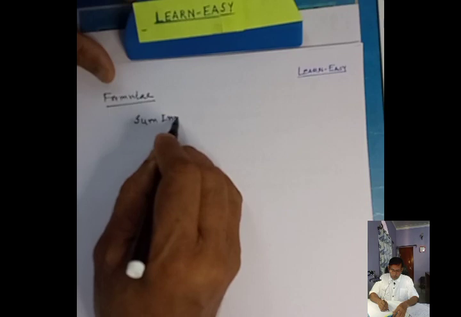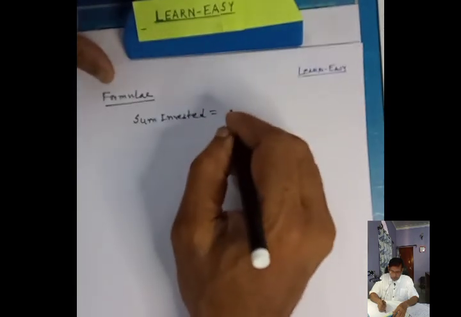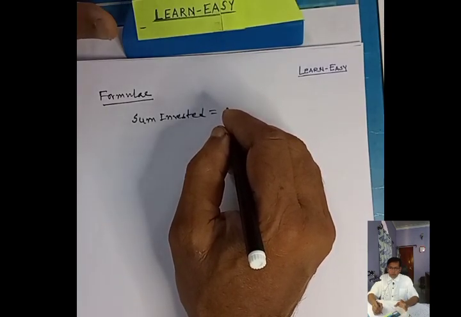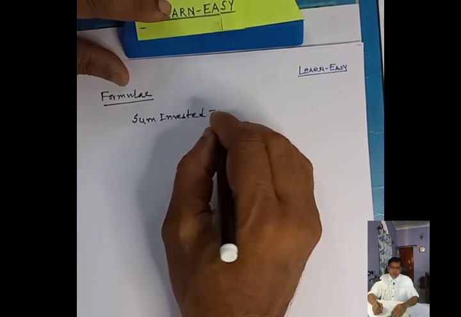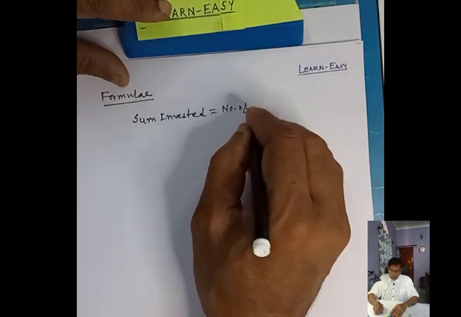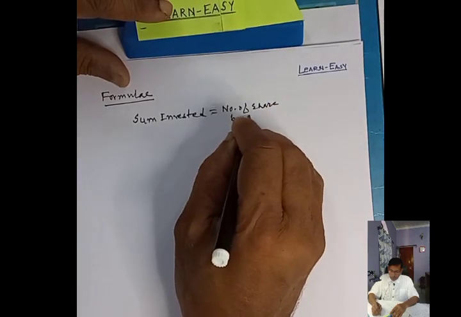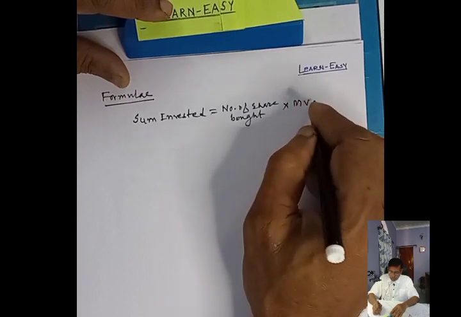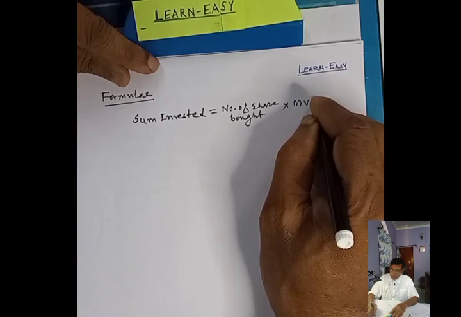Sum invested is equal to number of shares bought into MV, market value per share.